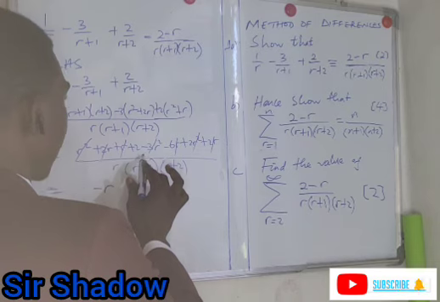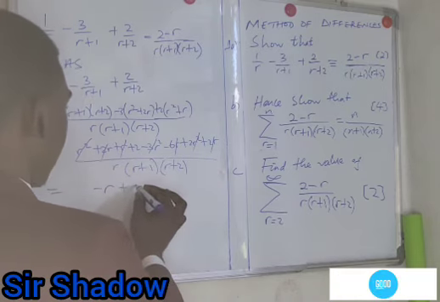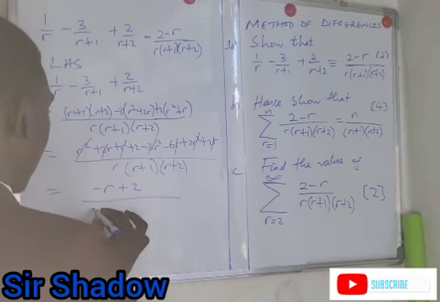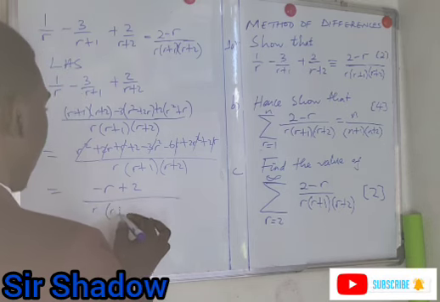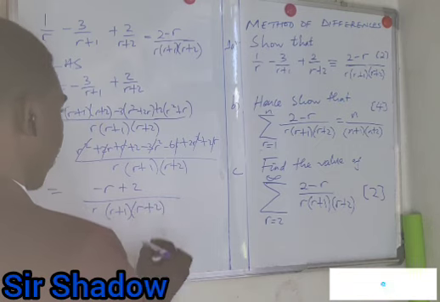Then we are only left with the 2, right? Plus 2 all over r open bracket r plus 1 close bracket, r plus 2.